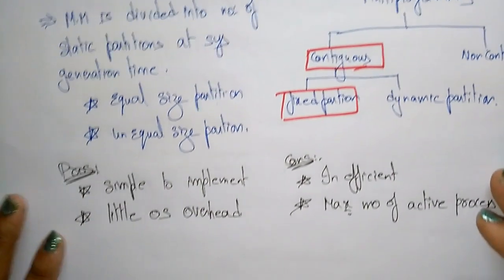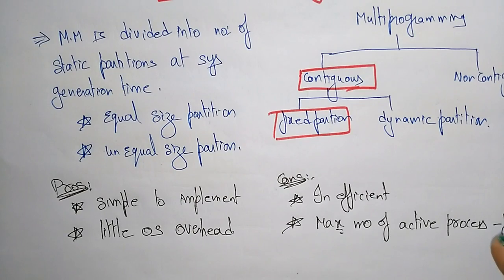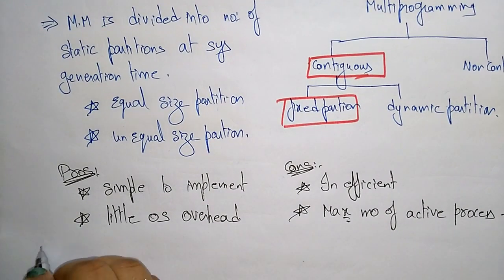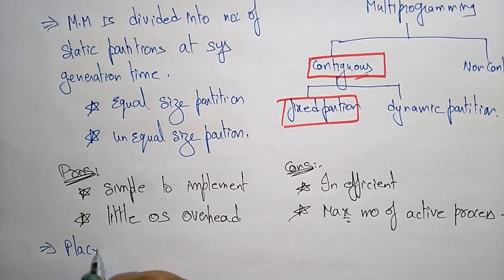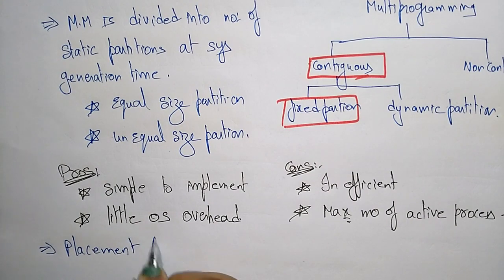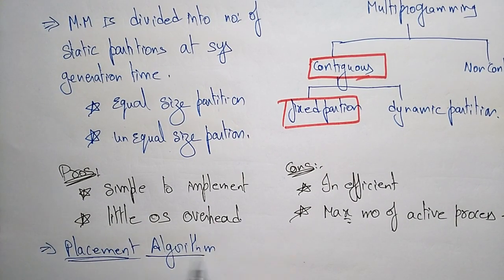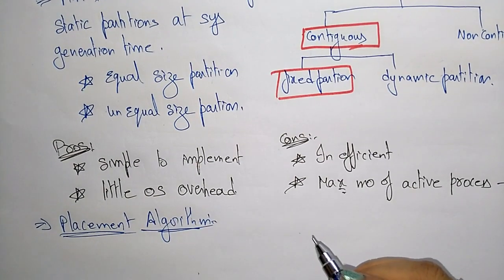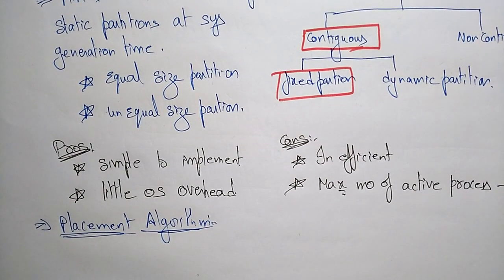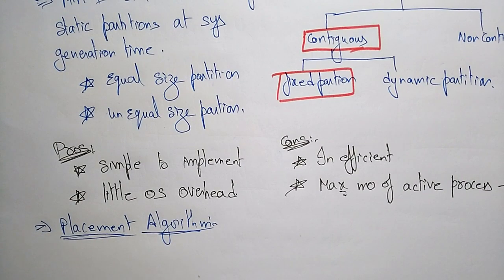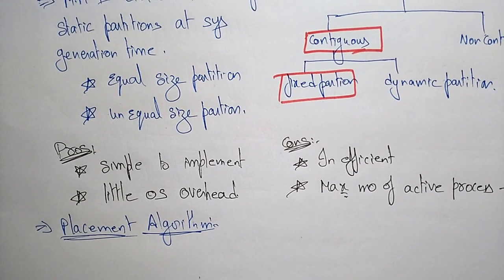Now let us see the placement algorithm we use in fixed partitioning. Placement algorithm means how we place the process in the main memory. You can use one process queue per partition, or you can use a single queue.